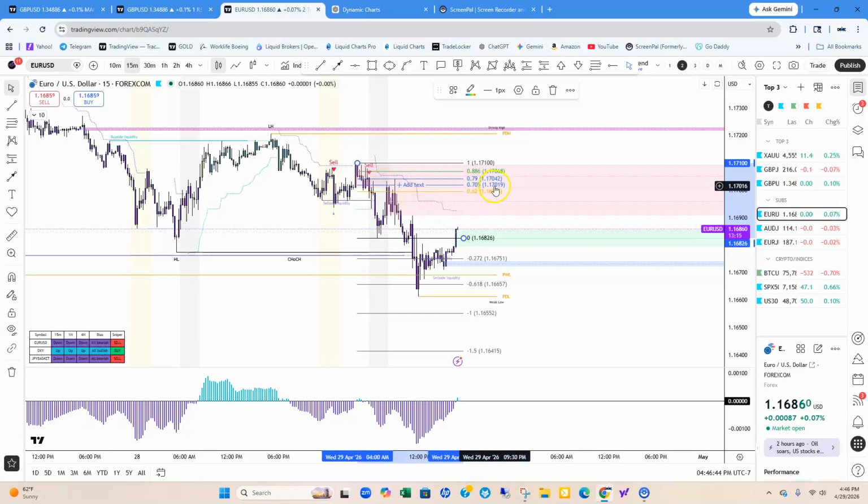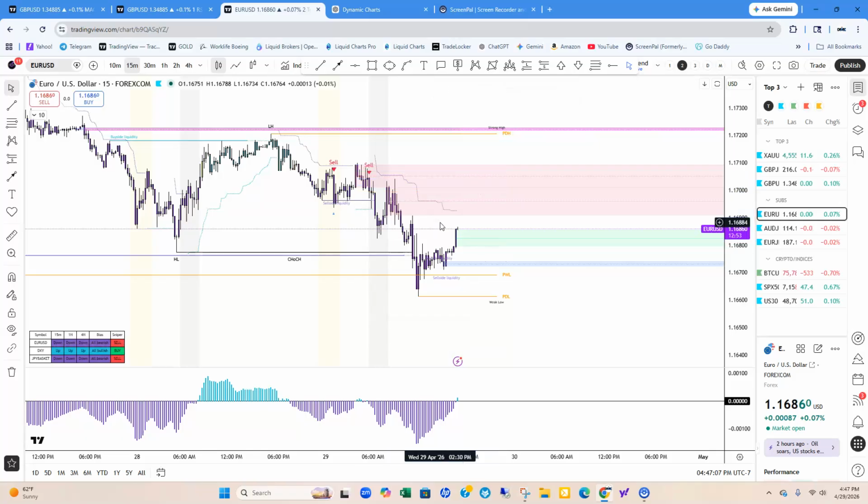So that's why I was saying a lot of times you want to pay attention to this fib as far as entries. And then that would have given almost another 40 pips on that setup. So this is great for scalping and intraday trades.